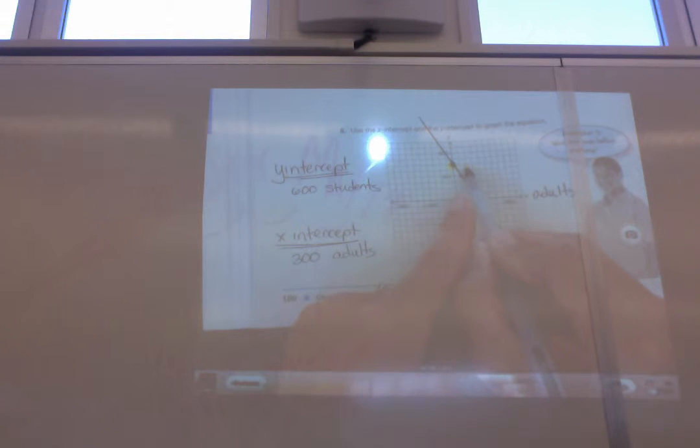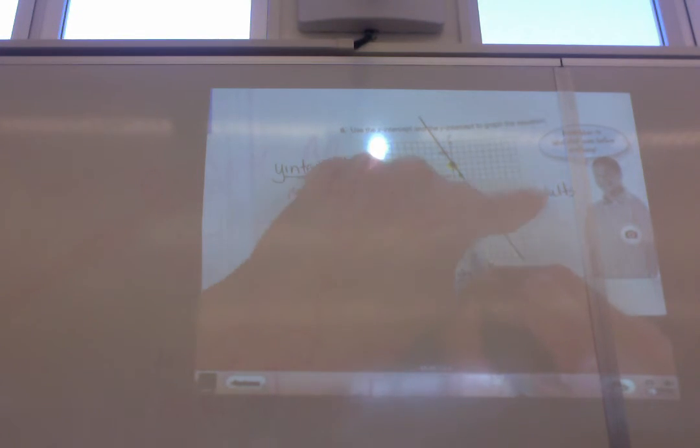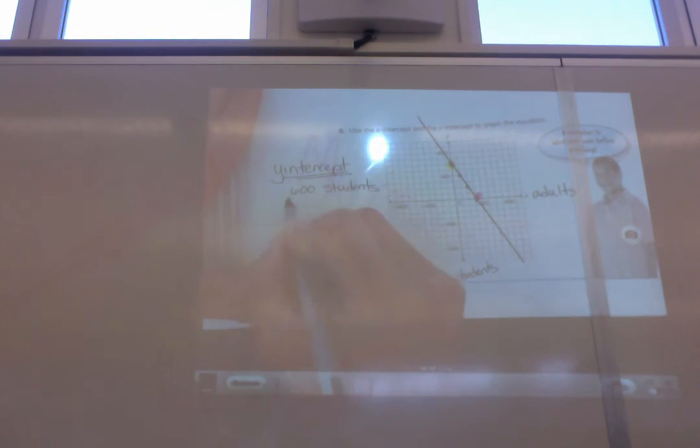Two adults? Negative 1 adult? If you're right here on this line, how many adults do you have? 0. The intercept tells you the amount of students, but another key feature is that because you're right here in the middle, you're at 0 for the other axis. So 600 students, 0 adults.